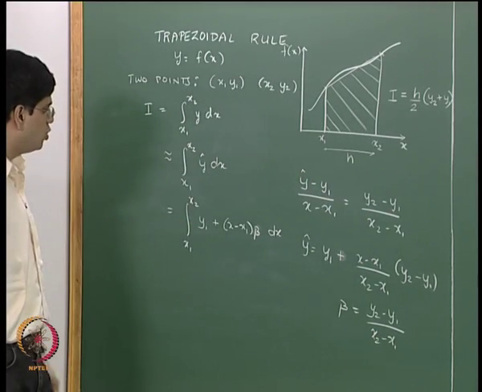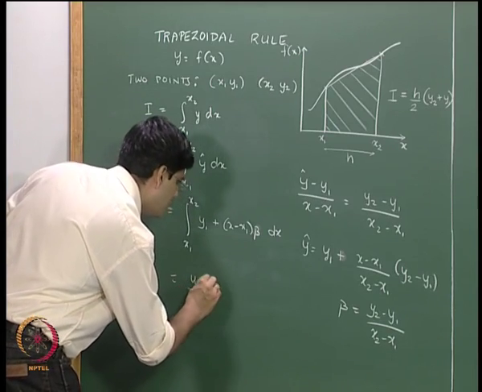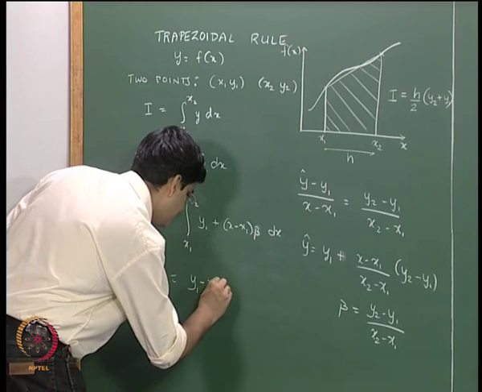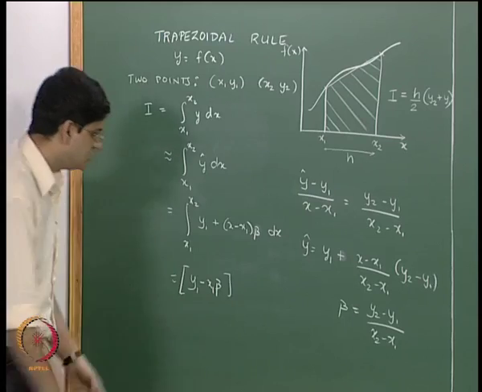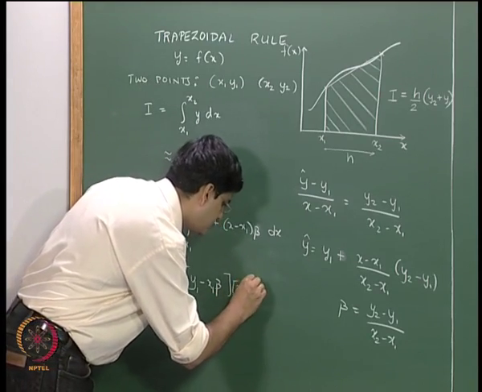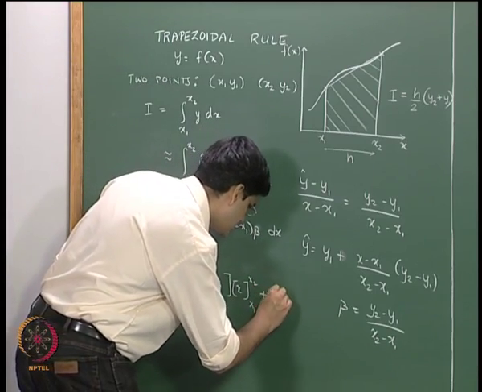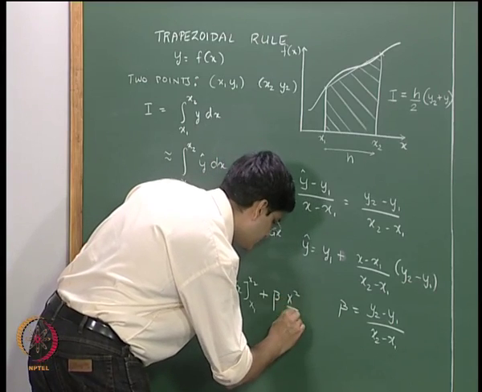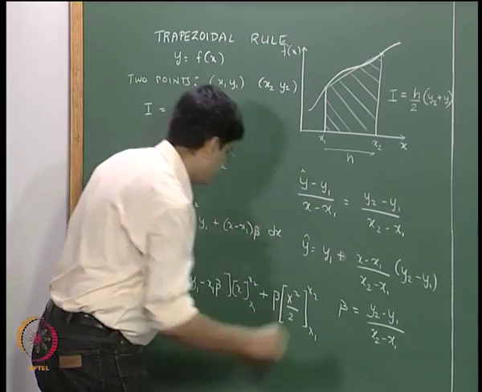Okay, so when we integrate this, we are going to get (y1 minus x1 beta), that is the constant, multiplied by x going from x1 to x2, plus beta multiplied by x square by 2 from x1 to x2.